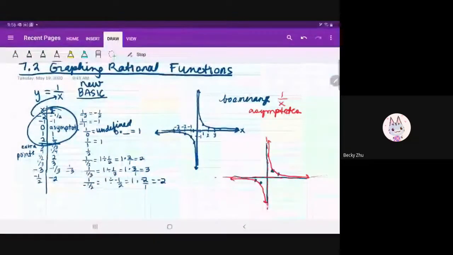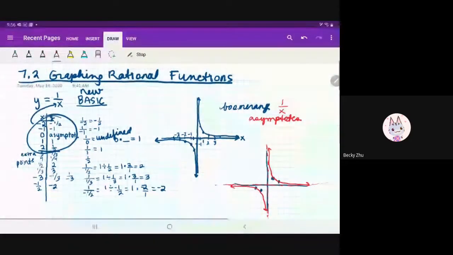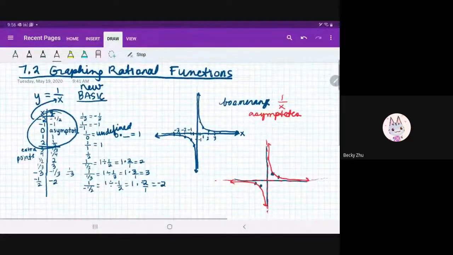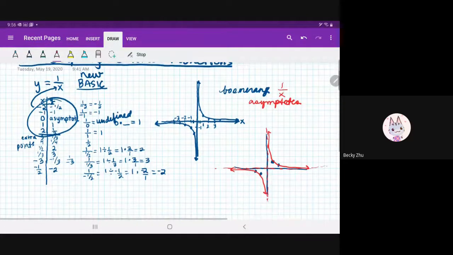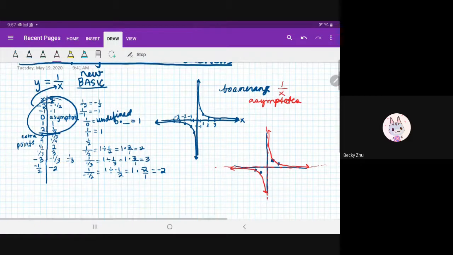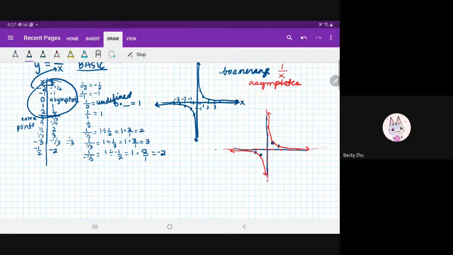Let's see what they look like. Okay. Ready for the next one? Okay.